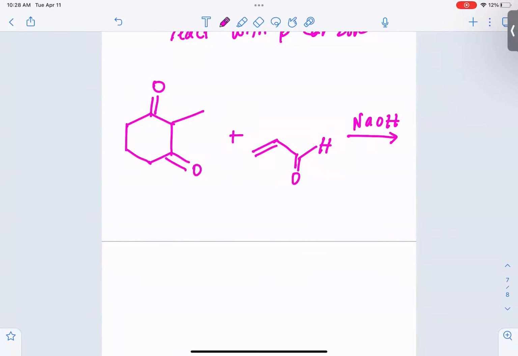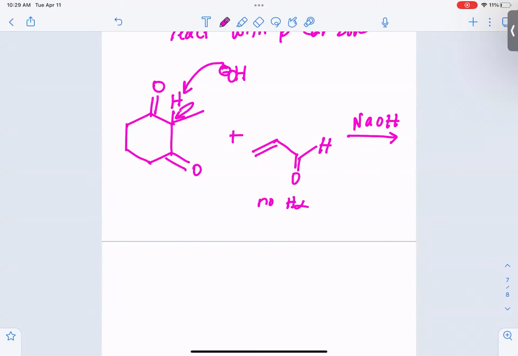Okay. So here we have your diketone and you have an alpha beta unsaturated ketone. I mean aldehyde. So there is no H alpha here. And this is the most acidic one, because it's between the two carbonyls. So your OH minus is going to take this hydrogen.